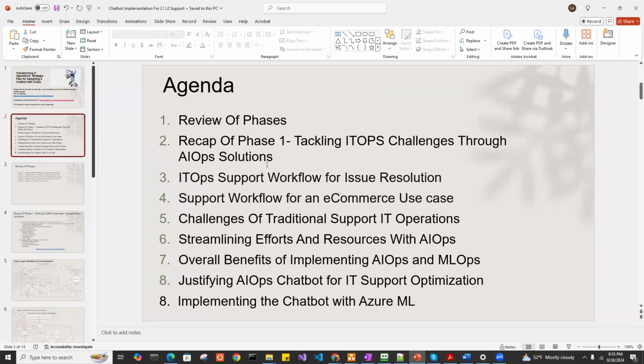Our agenda today is a review of the phases, and then we're going to quickly recap phase one, which is tackling IT ops challenges through AI ops solutions.